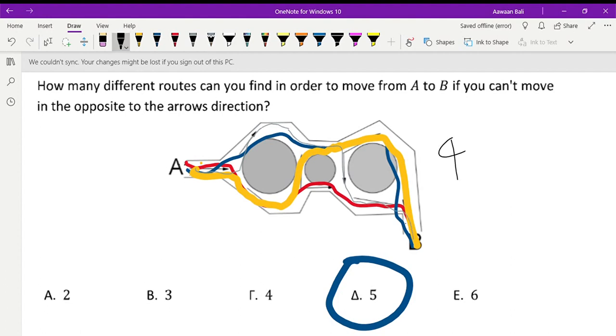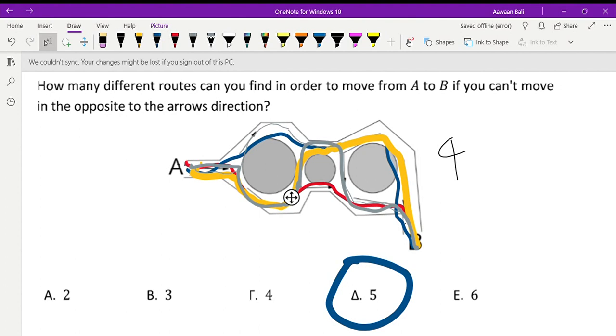And the last final path is that we can do this. And then after that you can't find any more paths. So basically there's just 1 path where you directly go down.